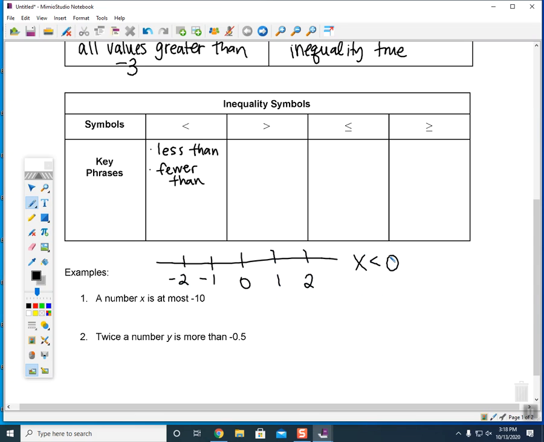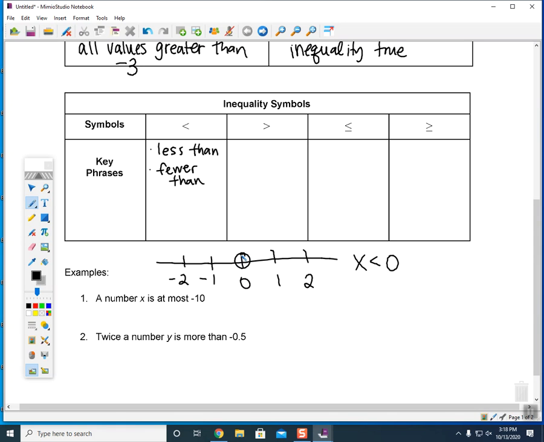When I do that, I'm going to have either an open or a closed dot at the value that I'm talking about, and then an arrow pointing in the direction that my inequality is going. So in this case, am I going to include 0 if I'm saying x is less than 0? I'm not, so I'm going to put an open dot on 0.